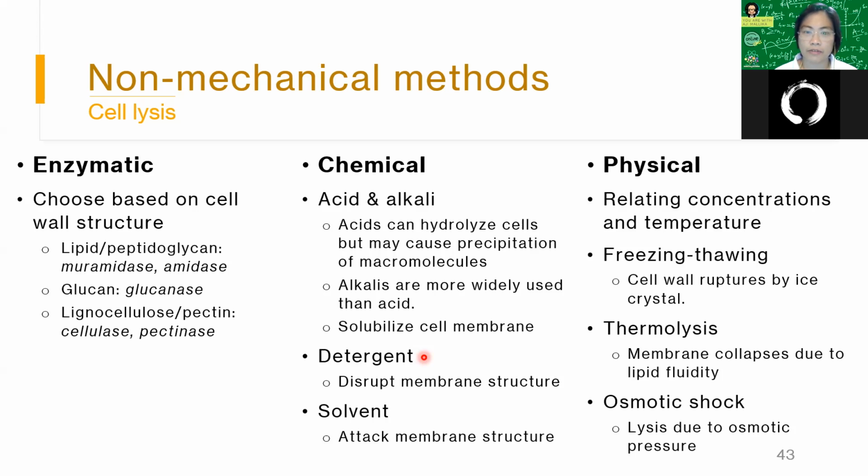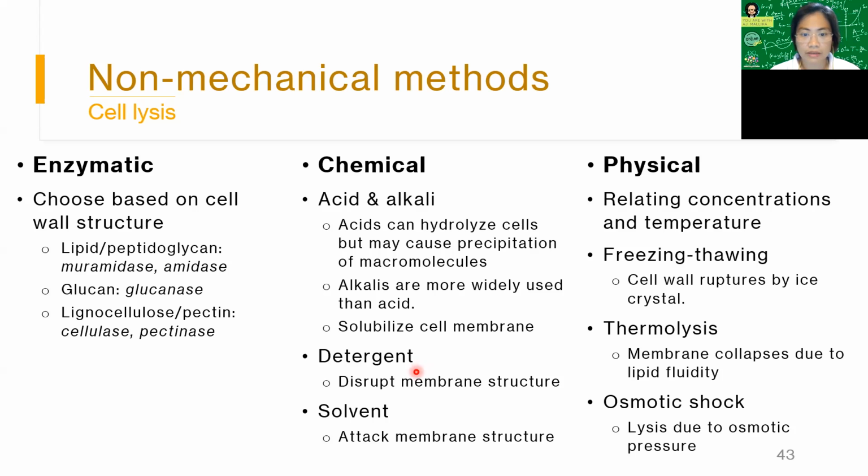That type of thing could destroy the membrane structures as well, because the cell's membrane is phospholipid, right? So it's sort of like a micelle. If you put some chemicals in, it alters the structures of the cell membranes, and that allows the intracellular stuff to come out from within the cell.